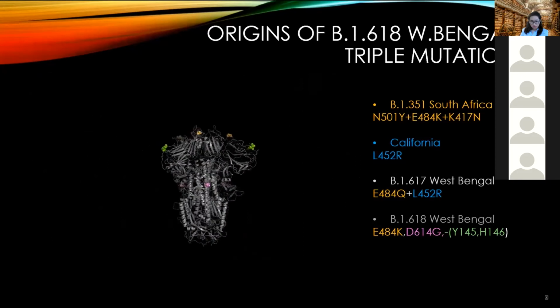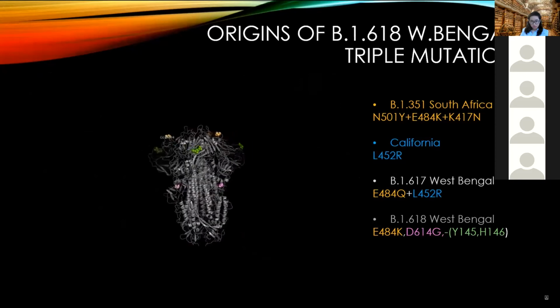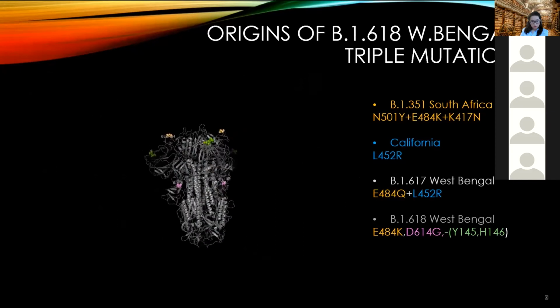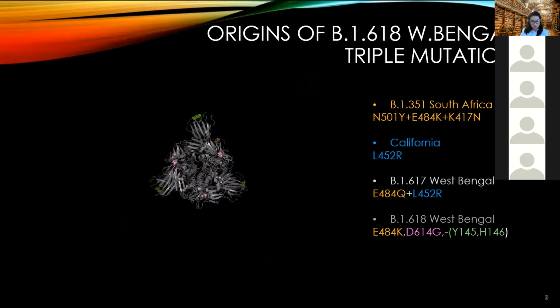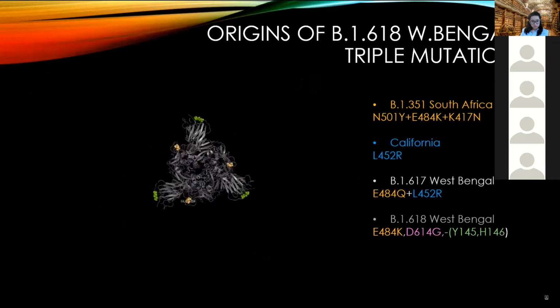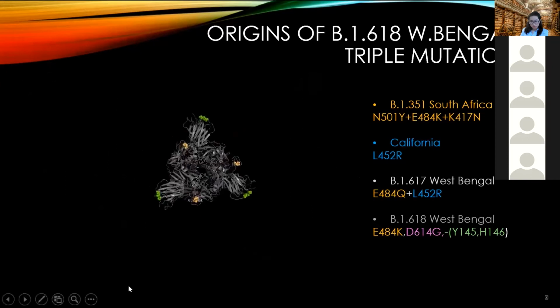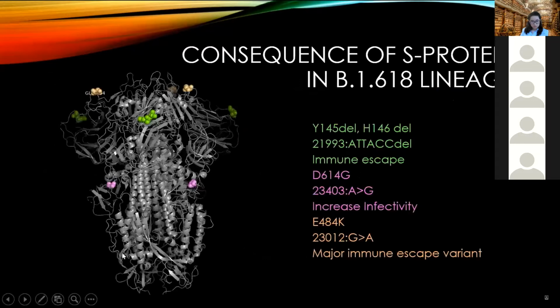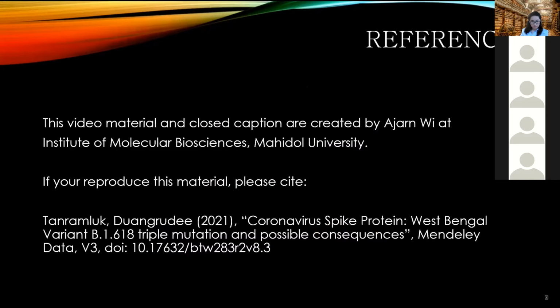However, it may mean hidden, scary consequences. So you can admire the beauty a little more time. The consequence of spike protein in the B.1.618 lineage comprises the deletion and E484K, which are found to have immune escape variant, and D614G, which increases infectivity.